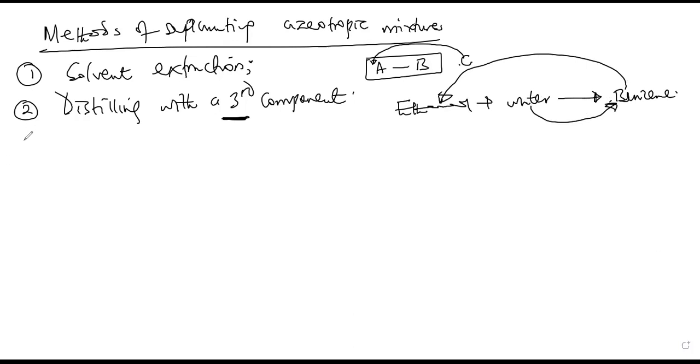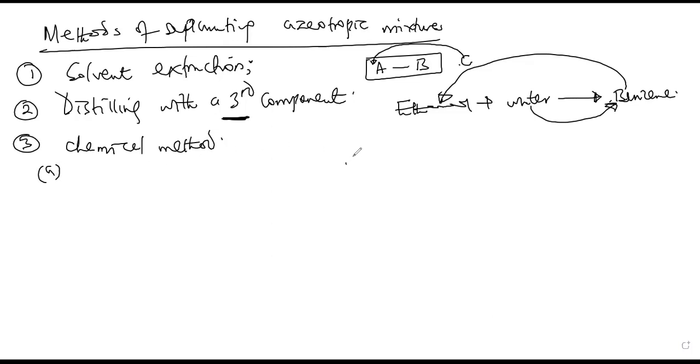Then there is another method which you call the chemical method. The word chemical is general, but this chemical method can be done in 2 ways. One, you can add another component that has a stronger affinity for one of the components in the azeotrope.